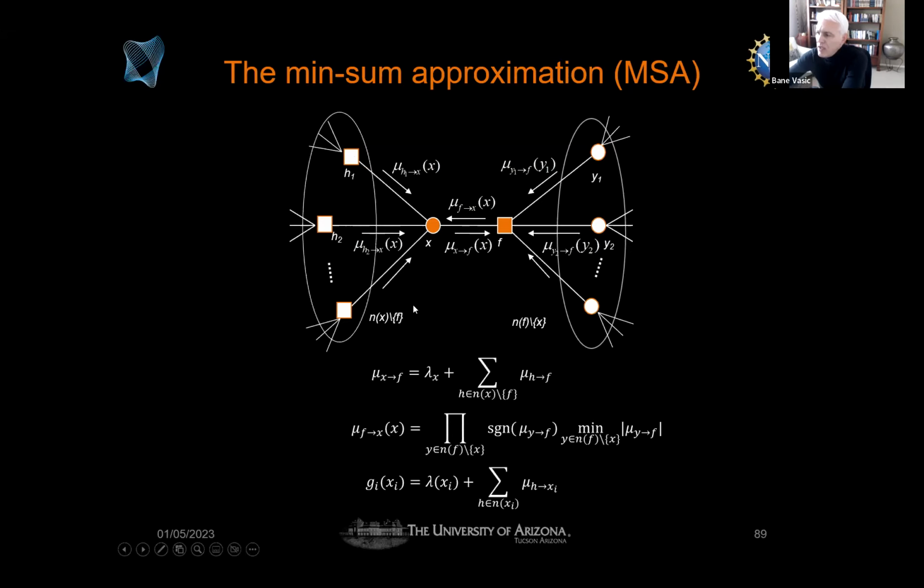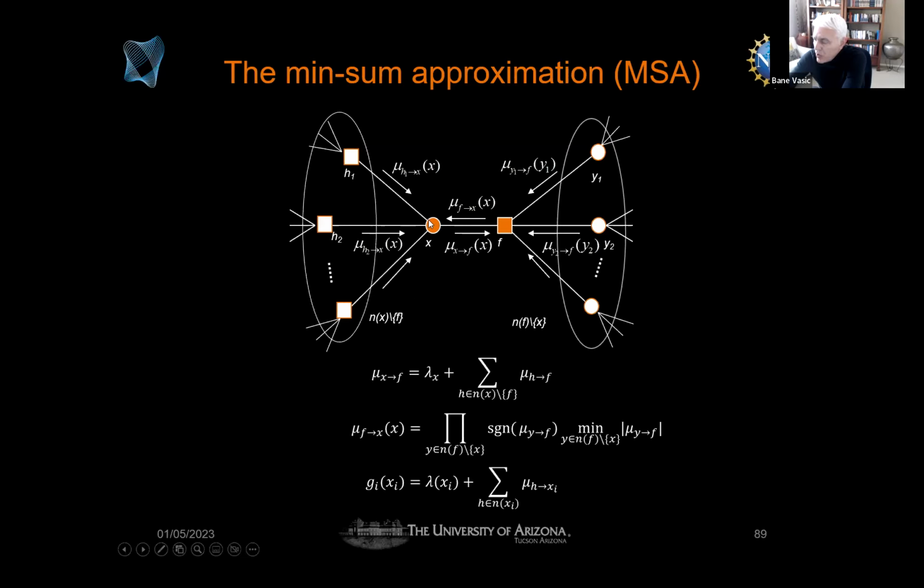You can think of these numbers as positive or negative numbers, and let's say high positive numbers correspond to high beliefs that this bit is 0, and high negative numbers represent beliefs that this bit is 1. Obviously, smaller beliefs represent uncertainty about this bit.